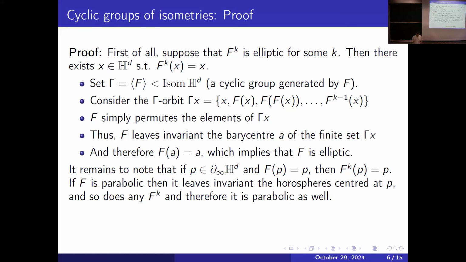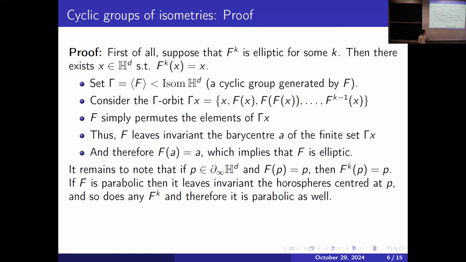Now it remains to show that if P is a point from the ideal boundary, and f preserves P, then any power f^k also preserves P, right? So if f is parabolic and such a P is unique, then f leaves invariant the horosphere centered at P, and so does any power f^k, right?